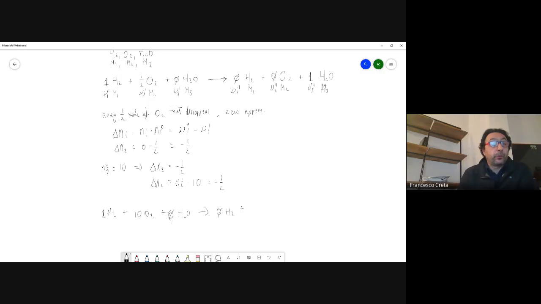And only half a mole will have reacted with H2. So here I have 9.5 left. So this is called a very oxygen-rich condition, or fuel lean condition, meaning that there is really a deficit in fuel. So you end up with a very oxidizing atmosphere at the end of the day. And you still have the production of 1 mole of H2O.